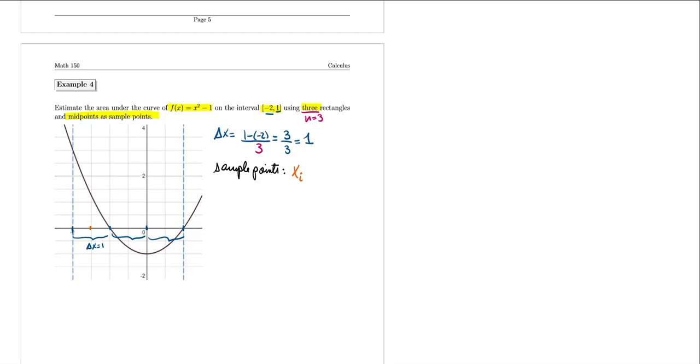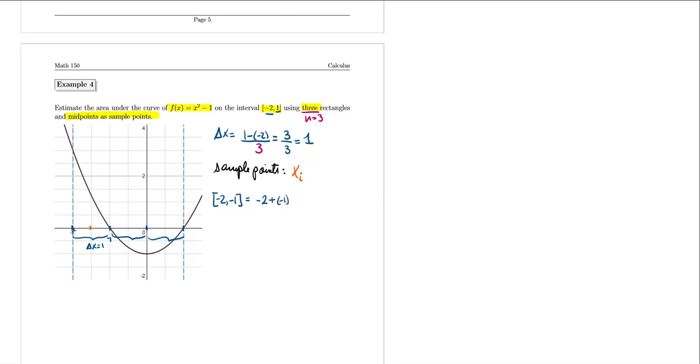All right, so for the first midpoint, we take a look here at our subinterval. We went from -2 to -1. So on the interval from -2 to -1, what is the midpoint? Well, we use the same formula. We take a look at the endpoints, -2 plus -1.